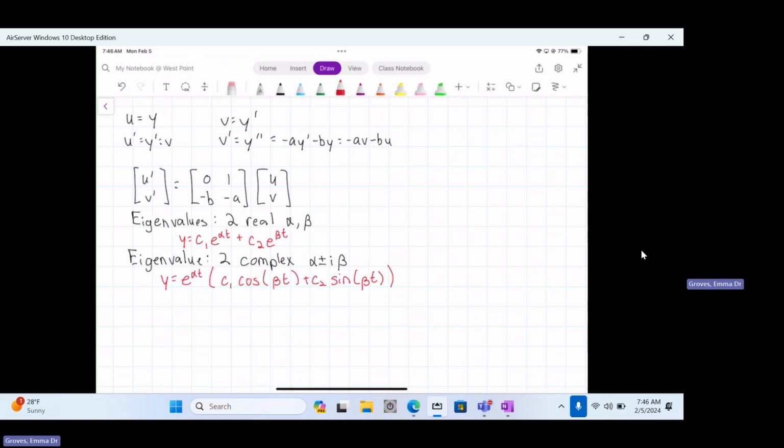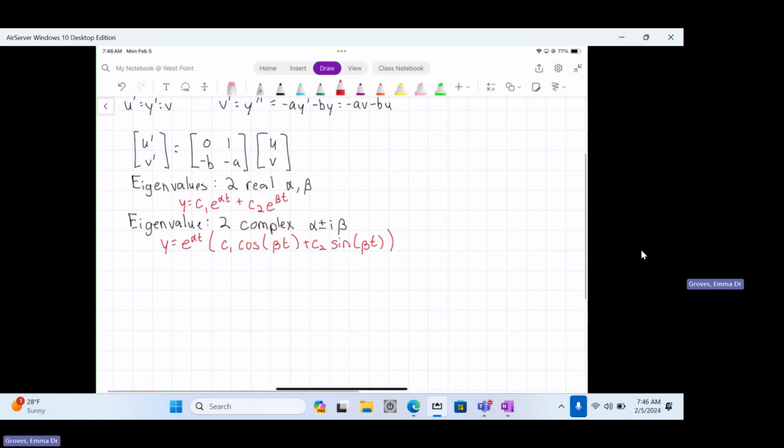Okay. What eigenvalue case did you not cover last week? Real repeated, yep. So our new case is we get one real, repeated eigenvalue. Let's go ahead and call that eigenvalue alpha.